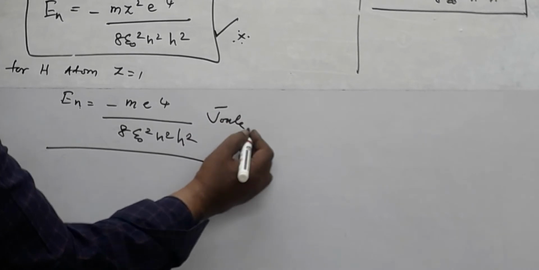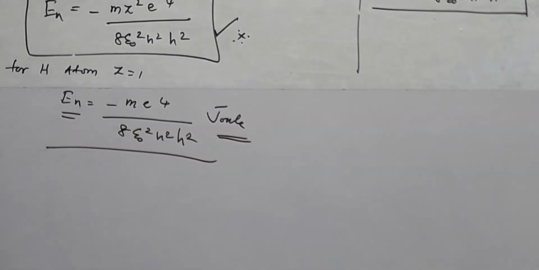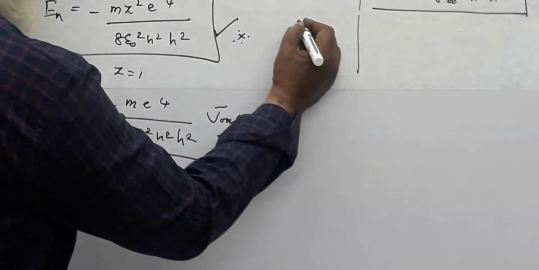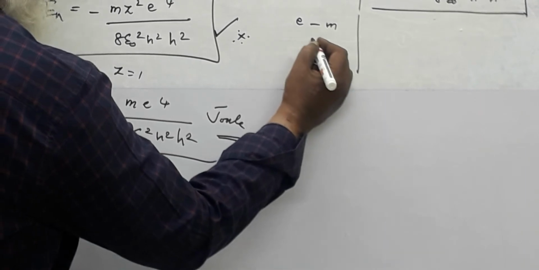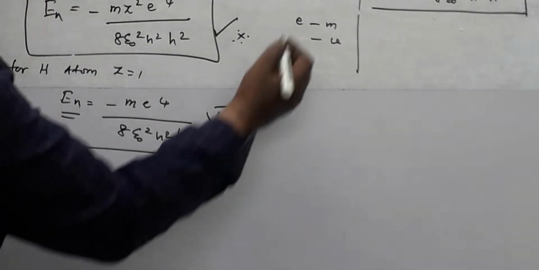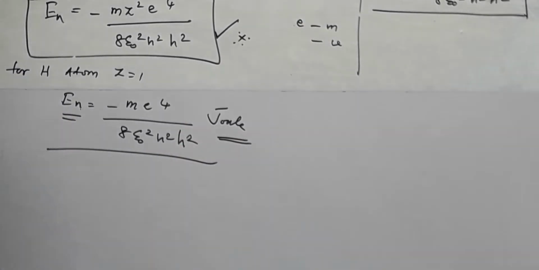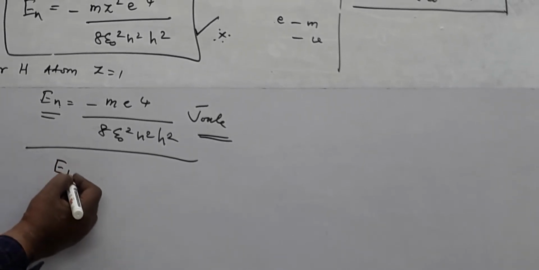The unit for this energy is joule. But instead of that, we have to calculate the energy another way. The mass of the electron is m, the velocity of the electron is v, and the charge of the electron is e. Then you calculate the total energy En.